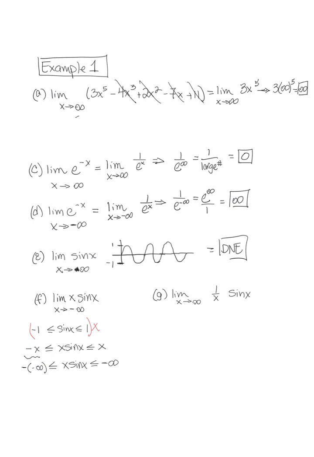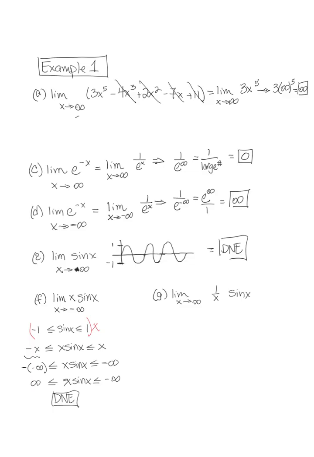Well, on the far left over here, I get infinity. And then over here, I get x sine x. And over here, I have negative infinity. These two, bing, bing, those are not the same. So in that case, if they're not the same, your answer is DNE.